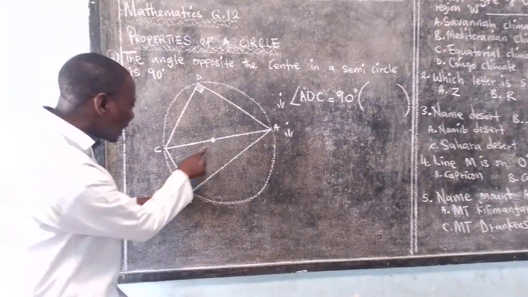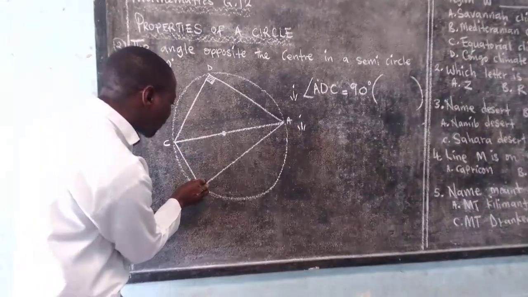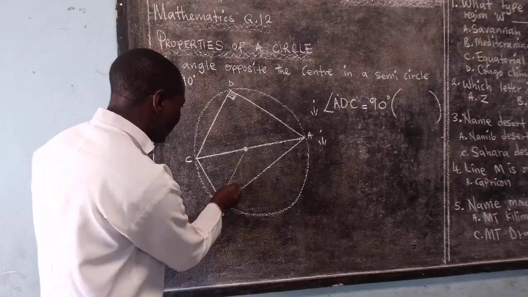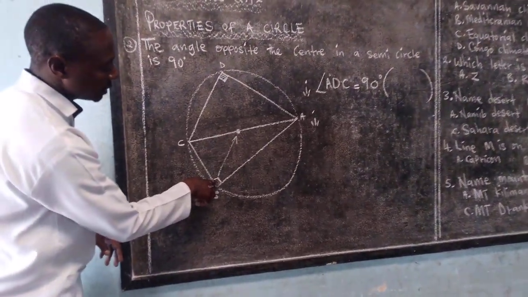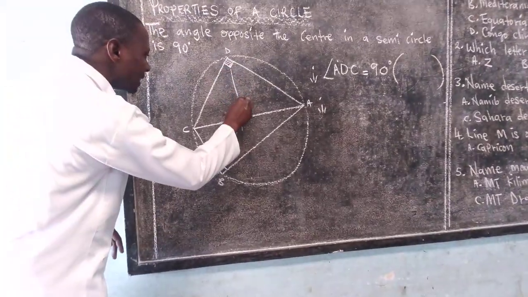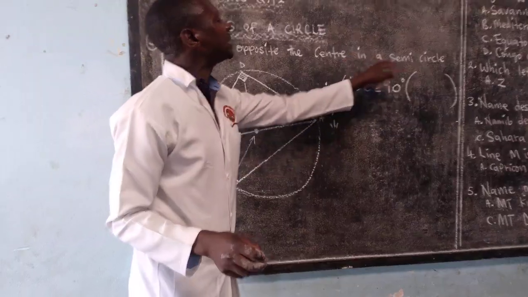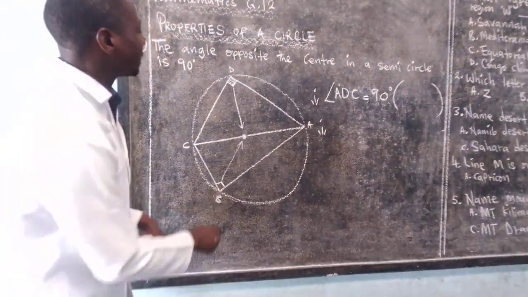This angle is pointing to the center. This angle should be equal to 90 degrees. The angle opposite to the center in a semicircle is equal to 90 degrees.